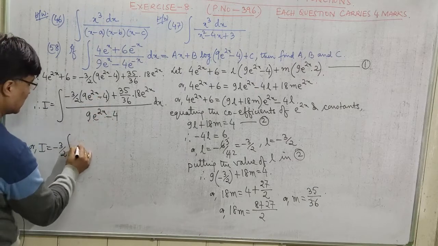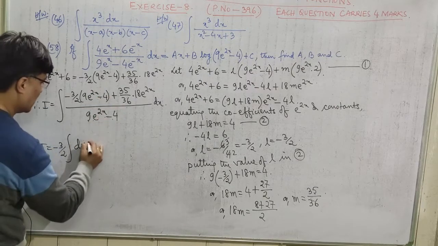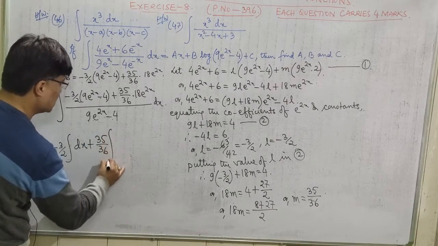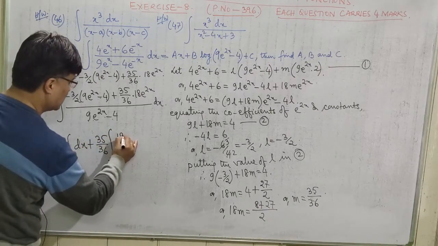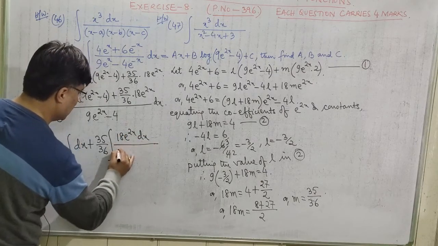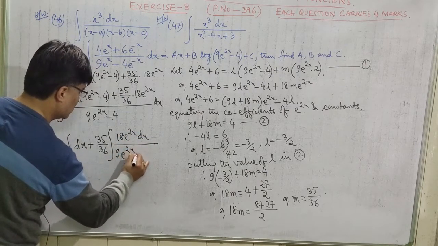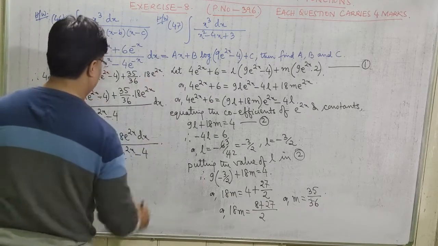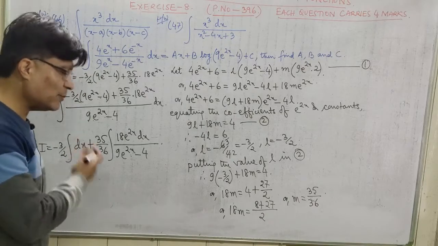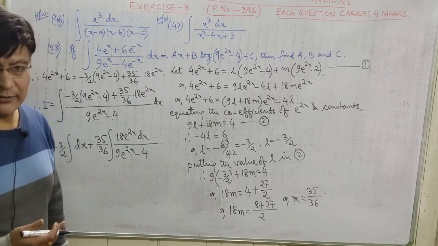Both of these will cancel, we get only dx, plus 35 by 36 integral of 18 e to the power 2x dx divided by 9 e to the power 2x minus 4. So I think you have understood it. We have simplified the given integration.